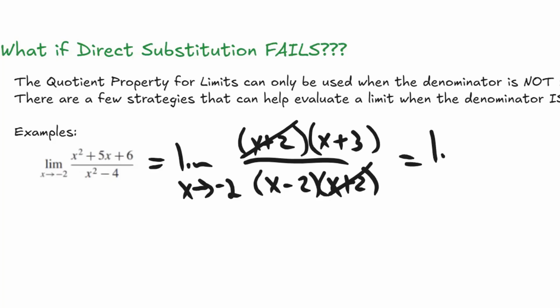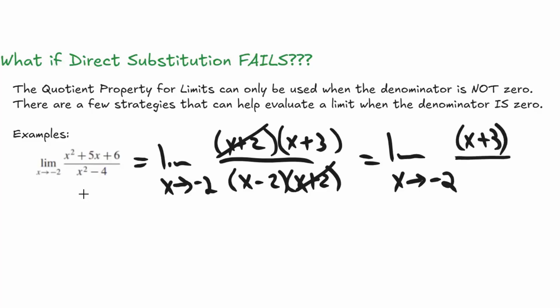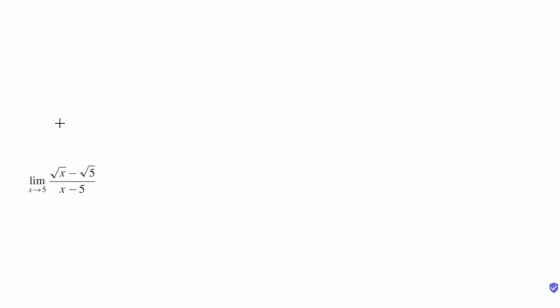So then we would have an equivalent function, limit as x approaches -2 of (x + 3) over (x − 2). And you can verify this graphically that these two functions are the same exact function except at x equals -2. And as x approaches -2, you would have 1 over -4. And that limit would be -1/4. Next situation that can happen is whenever you have radicals.